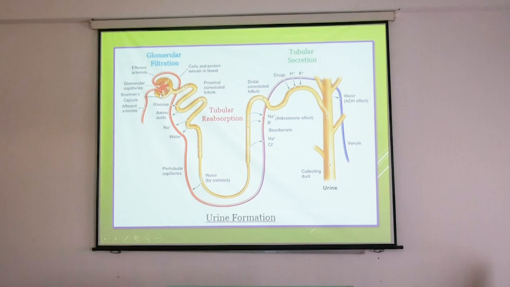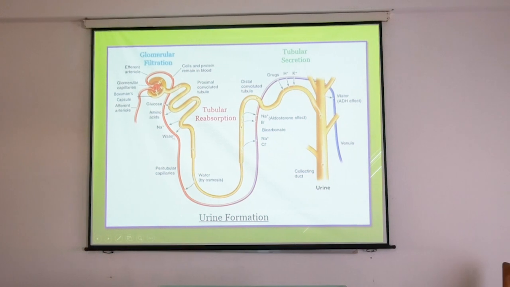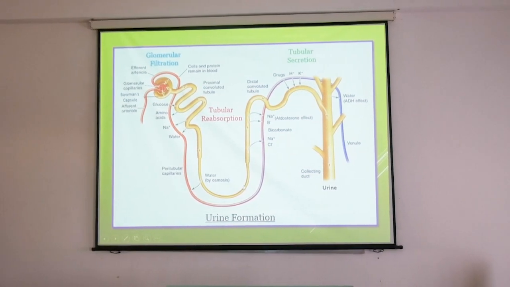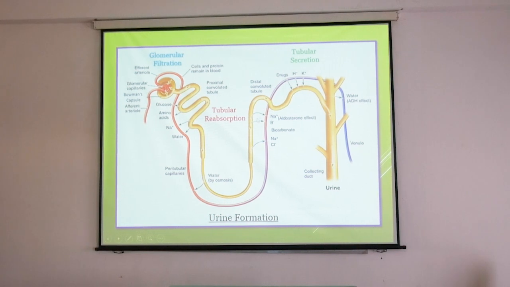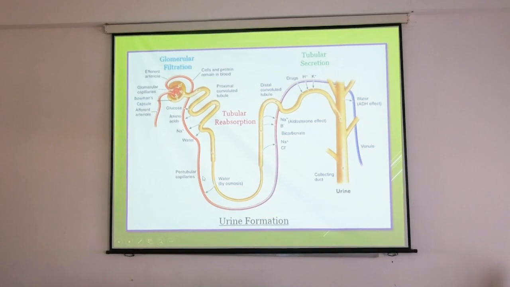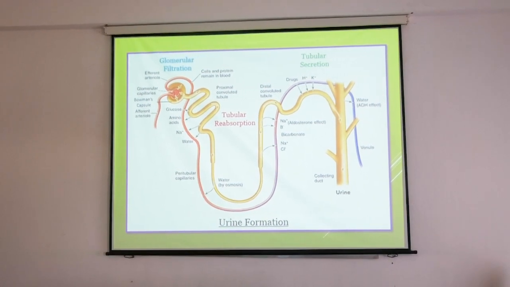In this picture you can see, in the proximal convoluted tubule, glucose, amino acids, sodium, and a good part of water are going out into, what is this thing? Just outside the proximal convoluted tubule, loop of Henle and distal convoluted tubule, the peritubular capillaries. So it is again coming into the blood.